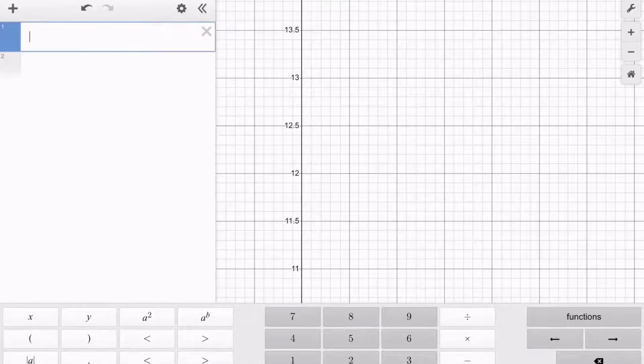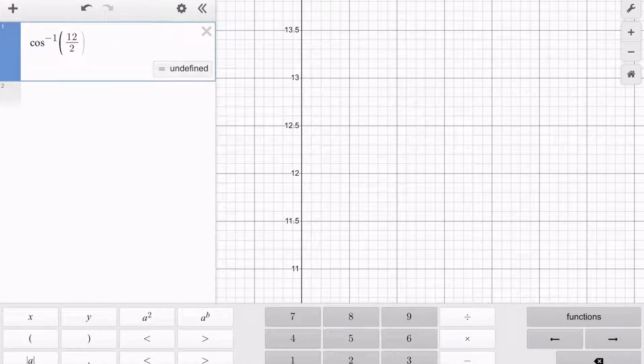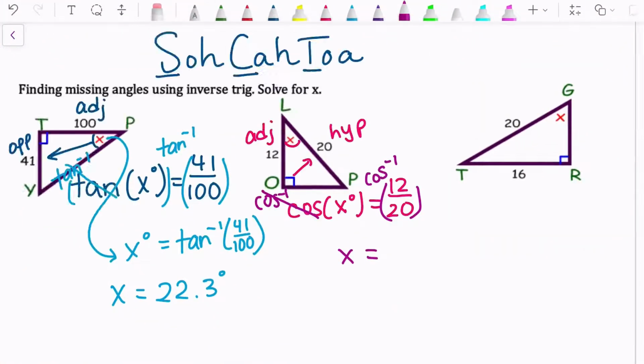You don't have to write it out as an extra step like I did in the first example. I can just go ahead and type it in, and I have 53.1, and it's in degrees.